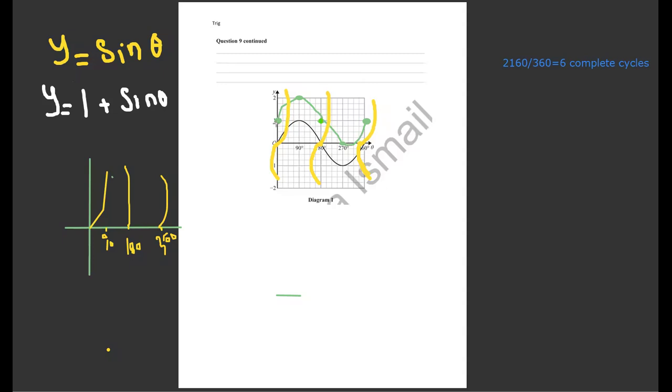So here we have the green and the yellow lines. Forget about the black, because he asked you 1 plus sine theta equals tan. The 1 plus sine theta is the green one, and the yellow one is tan theta.